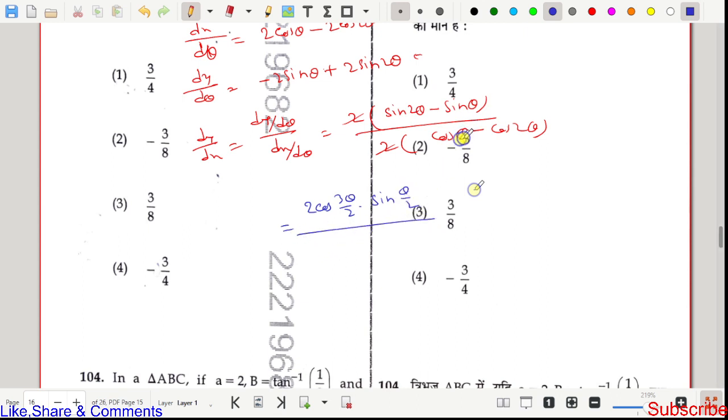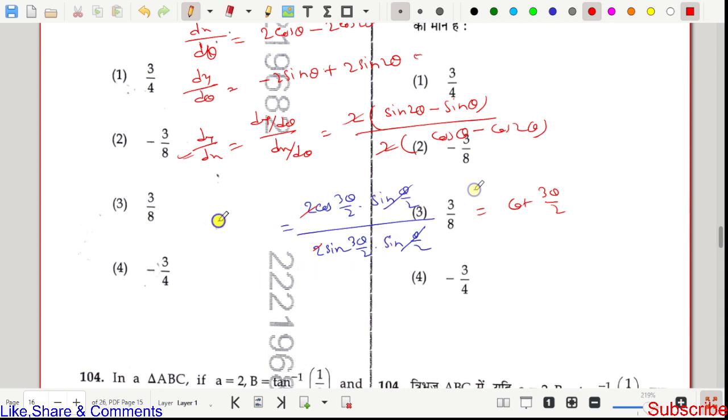Coming down, cos θ minus cos 2θ, cos A minus cos B, that means 2 sin of (A plus B)/2, that means 3θ/2, and again sin of (B minus A)/2, that means θ/2. So this cancels out, the 2 cancels out. We are getting cos by sin, that means cot 3θ/2. This is the value we got for dy/dx.